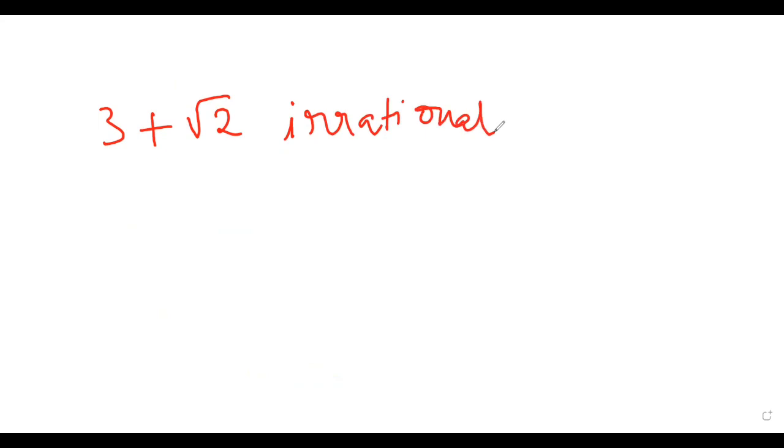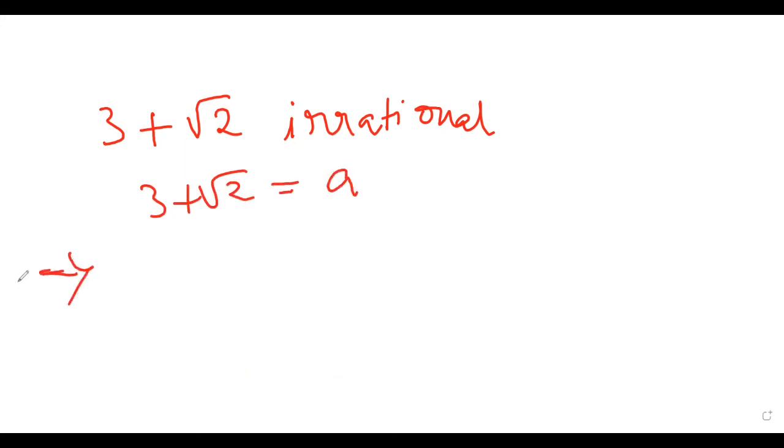If we already know that root 2 is irrational, then we can prove the rest very easily. If we are asked to prove 3 plus root 2 as irrational, we'll follow the same proof as earlier. We assume that 3 plus root 2 is equal to a, where a is any positive integer.